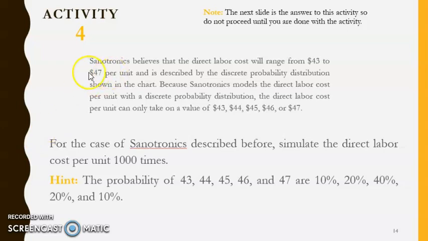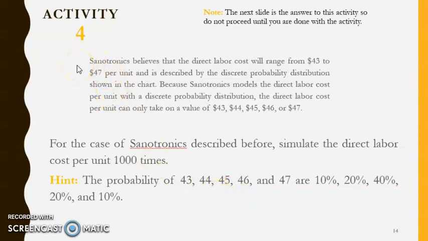I have put the case here for you to have easier access to the information. It asks you, for the case of Sanatronics described before, to simulate the direct labor cost per unit 1,000 times. Here you have the probabilities, and here is the description of the case.